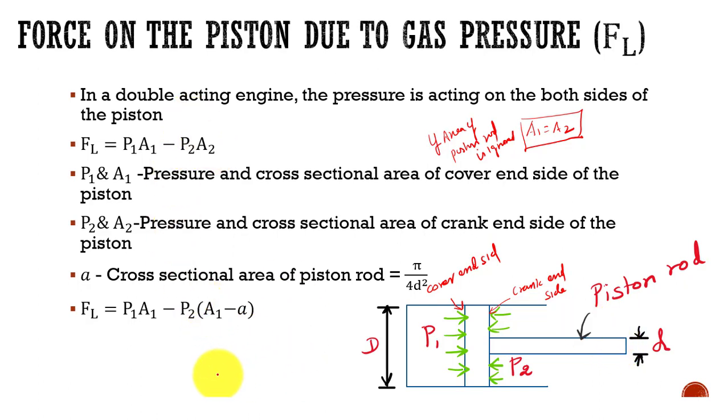So A2 is equal to A1 minus A, the reason being that it is A1 minus the cross sectional area of the piston rod, which is the cross sectional area on the crank end side. Fine. So this is the procedure to apply to find the force on the piston due to gas pressure. Okay, fine.